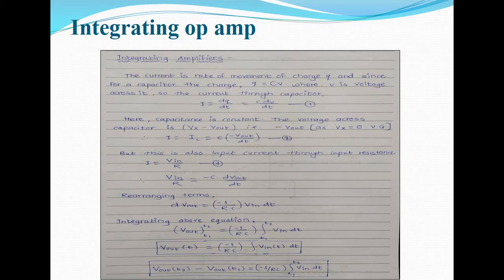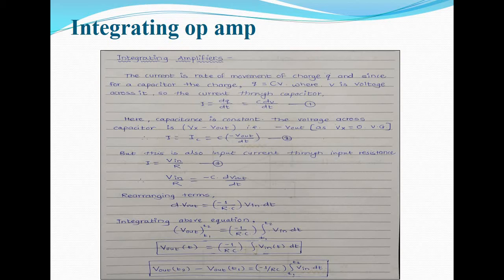So the current through the capacitor, I, can be written as I is equal to dq by dt. So in other terms it is C multiplied by dv by dt, right?